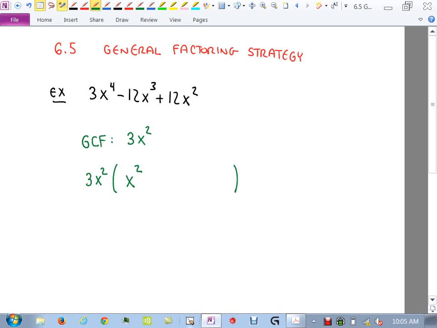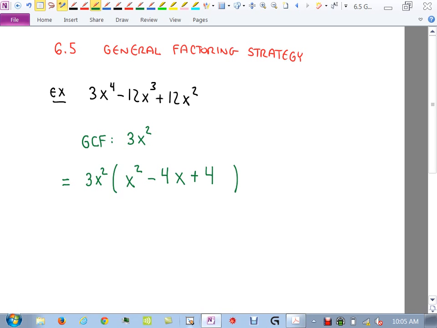How do I turn 3 into negative 12? Negative 4. And then how about x's? I need 1x there. How do I turn 3 into 12? Positive 4. Do I need any x's? No. Right? Put an equal sign here in front of this. Okay, that's where I am so far.